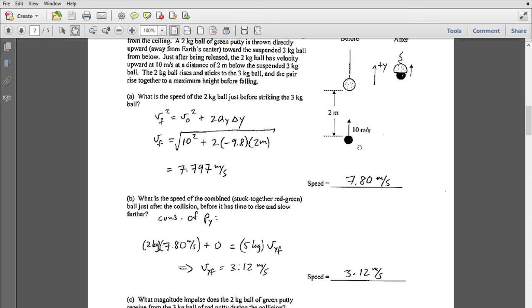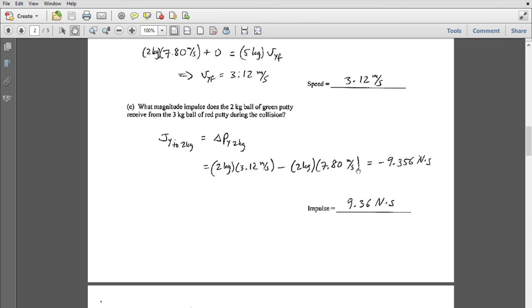The 2 kilogram ball is the one on the bottom and the 3 kilogram ball is the one on the top. So if we want the impulse the 2 kilogram ball of green putty receives from the 3 kilogram ball of red putty, it's getting an impulse in the downward direction. But in any case, we don't have to know that.